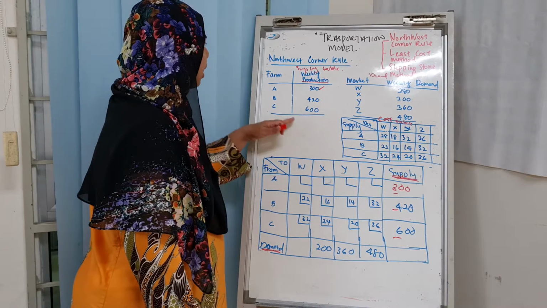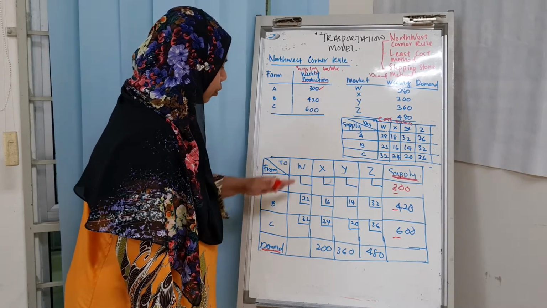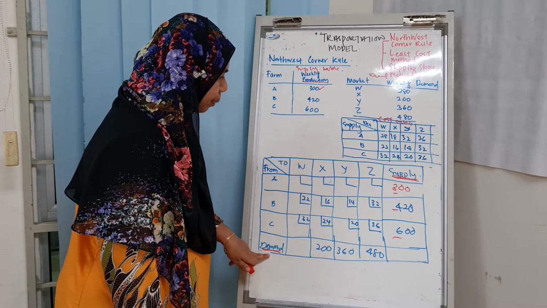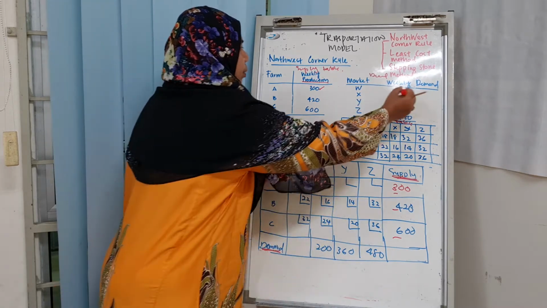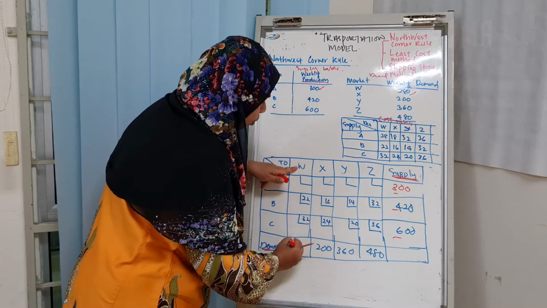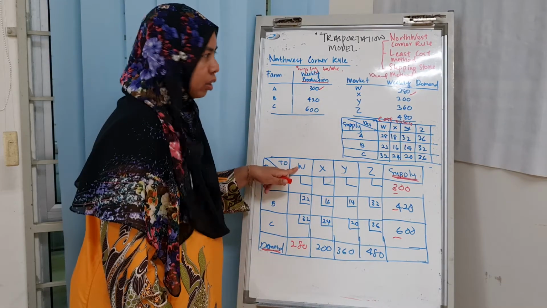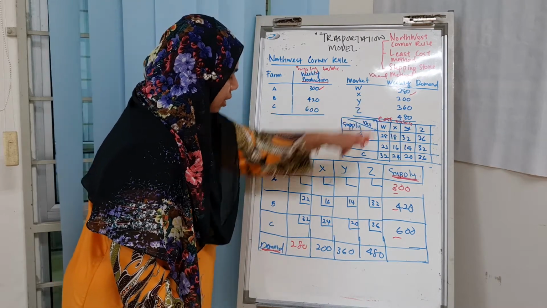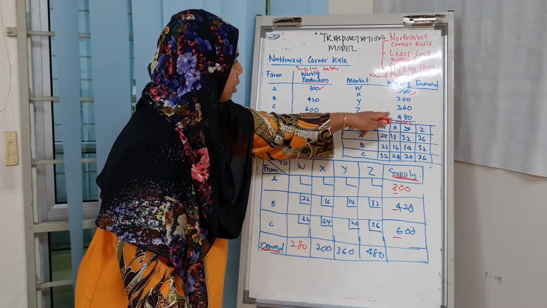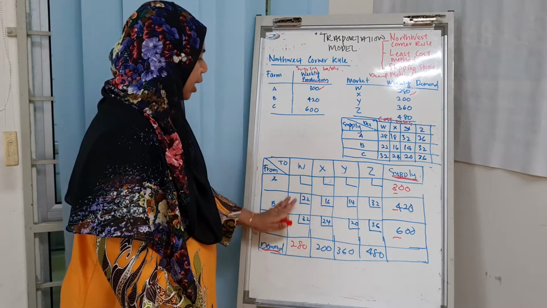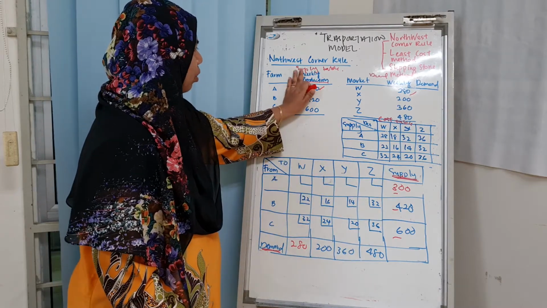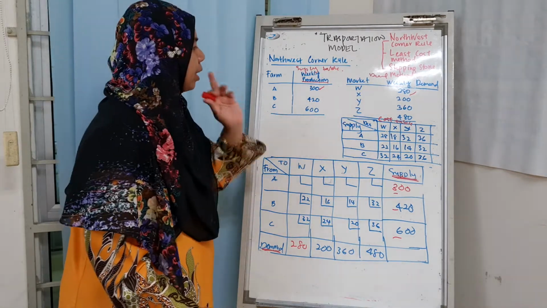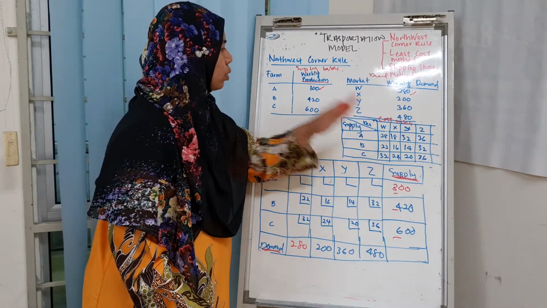Then from the table you have to write down the demand. So W is 280, X 200, Y 360, Z 480. Alright, now you have constructed the supply table and demand table. Another one, you have to construct the cost table.